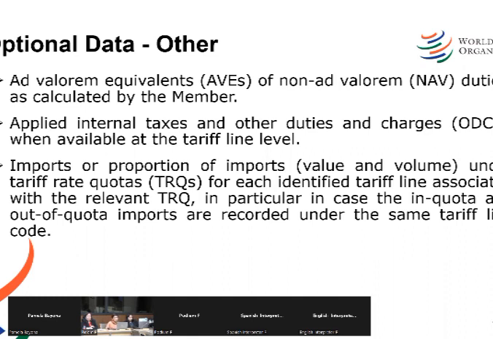So those are included in the calculations of our aggregate statistics. We also need from you, if possible, applied internal taxes and other duties and charges when these are applied at the tariff line level.